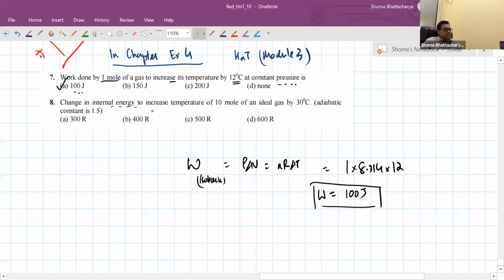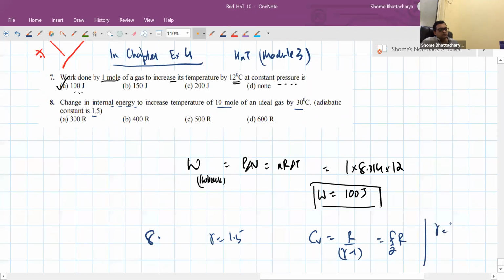Change in internal energy to increase the temperature of 10 moles of an ideal gas by 30 degrees C. Adiabatic constant is 1.5. So if gamma is equal to 1.5, what can we say about the degrees of freedom or the value of Cp, Cv, etc.? So Cv we can directly write as R upon gamma minus 1 or f by 2 R, because gamma is equal to 1 plus 2 by f.